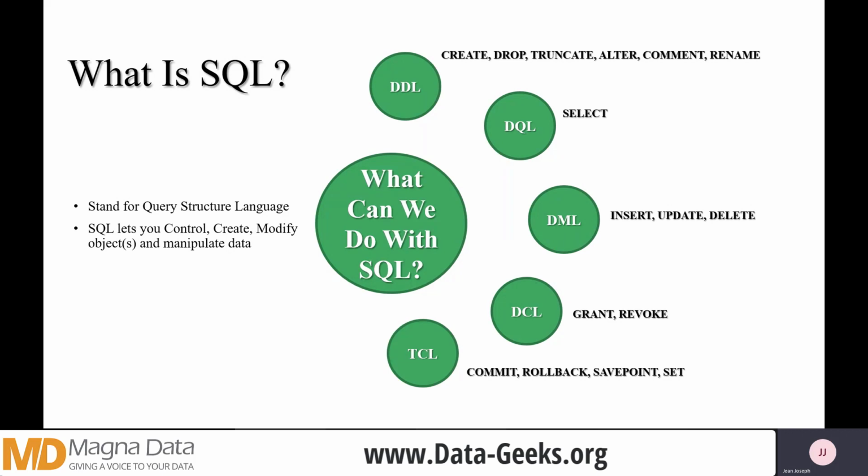The fifth one is one of my favorites, transaction control language, which allows you to commit, roll back, save point, and even set operations. Especially, guys, if within your data pipeline there are some transactions depending on other transactions, with TCL you can do a lot of cool stuff.